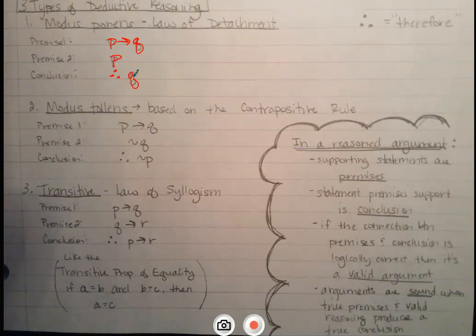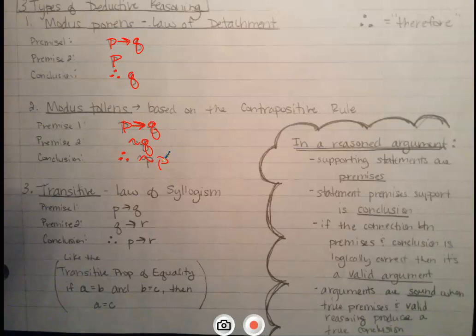Modus tollens is based on the contrapositive rule that we also talked about last week. Here, if we have P therefore Q, and our second premise says not Q, then our conclusion is therefore not P. So if it's not Q, then it can't be P either.